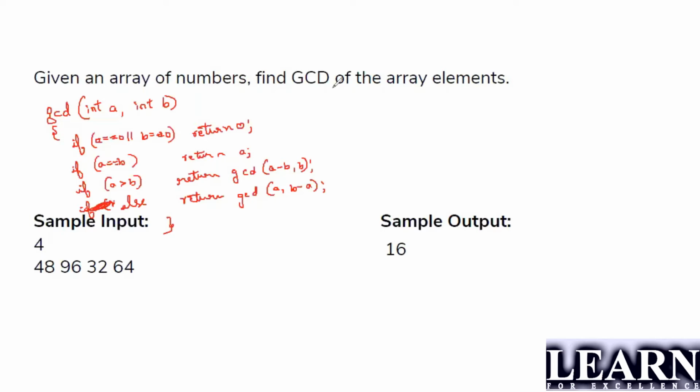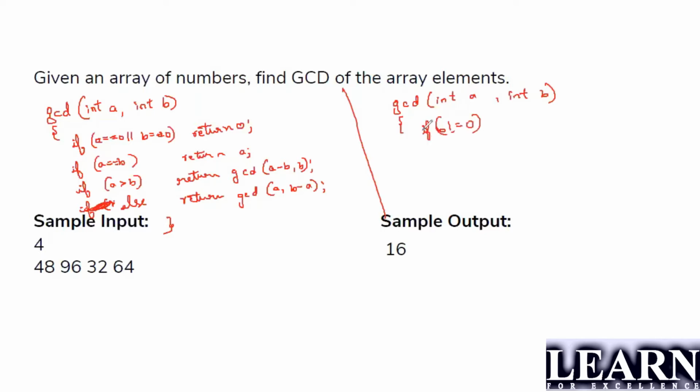This is one part of GCD. As I've already told, we can go with modulus also. So please look into this: GCD of int A and int B. First I'll check if B is not equal to 0.